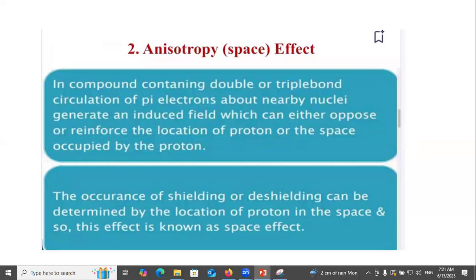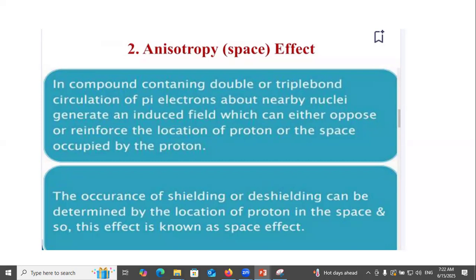Anisotropy, space effect. In compounds containing double or triple bonds, circulation of pi electrons about nearby nuclei generates an induced field which can either oppose or reinforce the field at the location of the proton, or the space occupied by the proton.